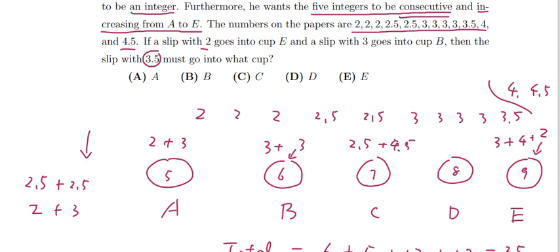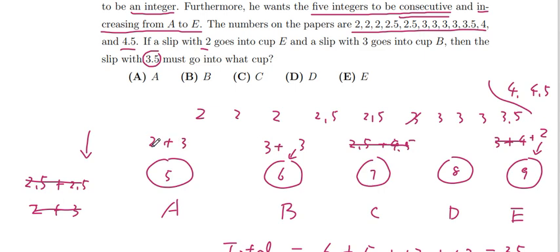So let's solve the problem carefully. If 3 goes to B, then 6 needs another 3, so only 3 and 3. And 5 can be 2 plus 3.